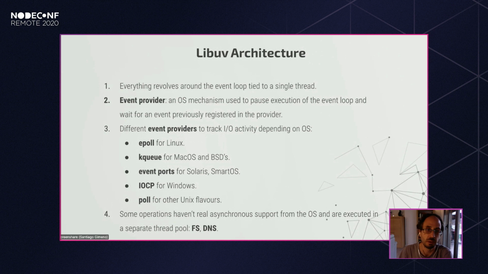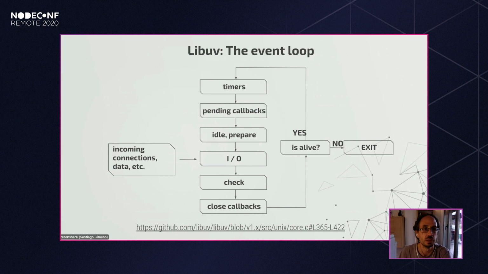Libuv uses different event providers in order to track input-output activity depending on the underlying operating system. Epoll for Linux, kqueue for macOS and the BSDs, event ports for Solaris, IOCP for Windows, and poll for other Unix flavors. Some operations such as file system access haven't real asynchronous support from the operating system, so they're executed in a separate thread pool.